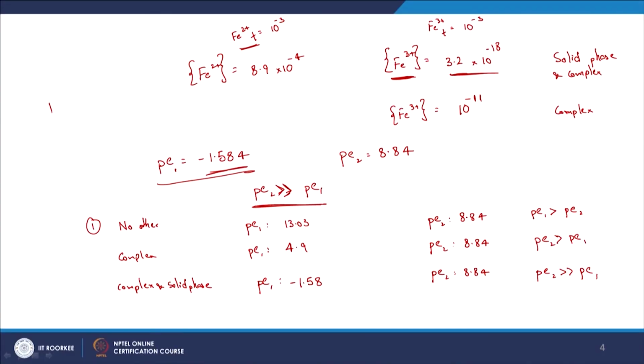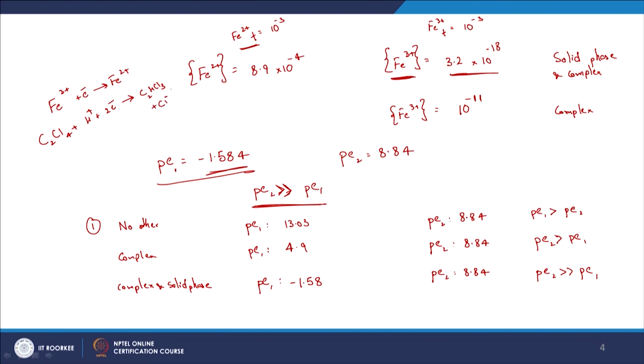So let us write down what I would have expected. The relevant half reactions were Fe3 plus plus electron goes to Fe2 plus, and we also had C2Cl4 plus H plus, I think it is hydrolysis, plus 2 electrons goes to C2HCl3 plus Cl minus.